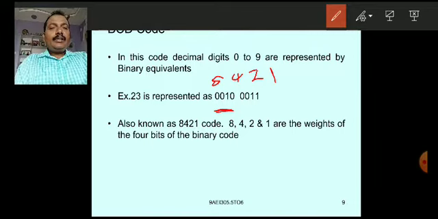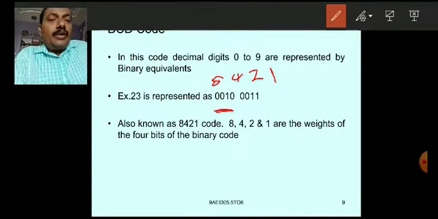Hence the 8 weight position is 0, the 4 weight position is 0, only the weight 2 position has 1, and hence it is only 2.